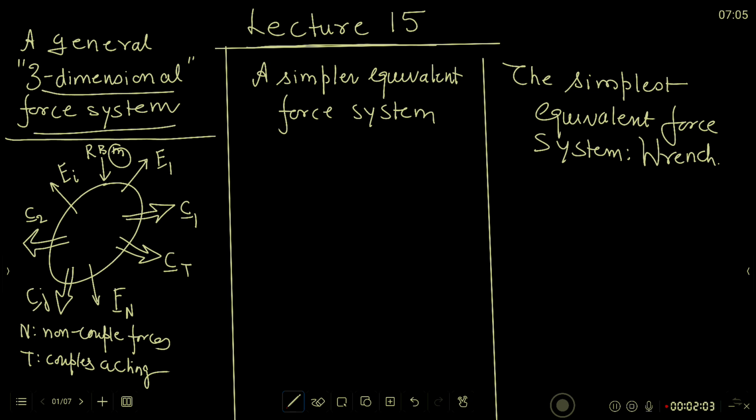The meaning of the three-dimensional force system is that these vectors Fi or Cj, non-couple forces, or the torques, may be oriented in any direction, in different directions.